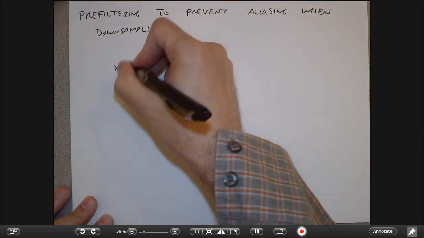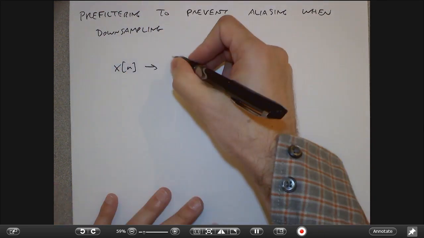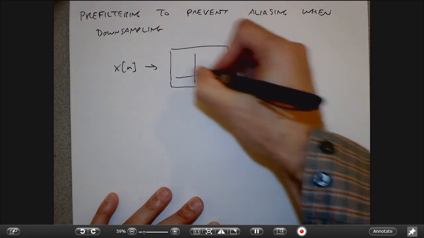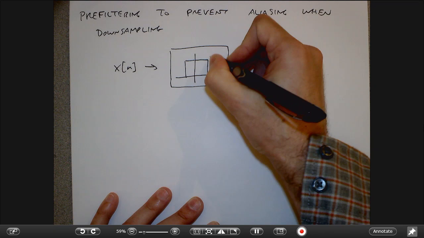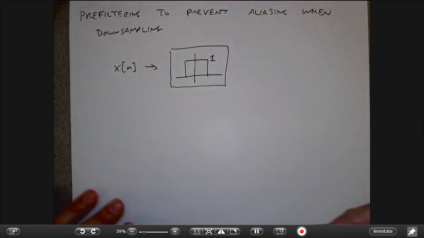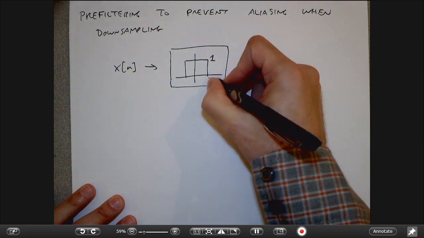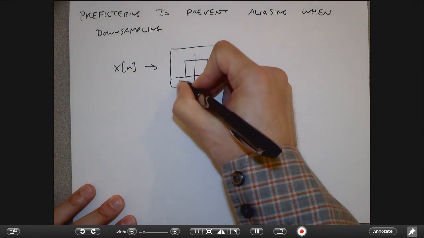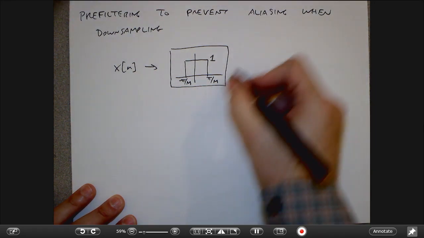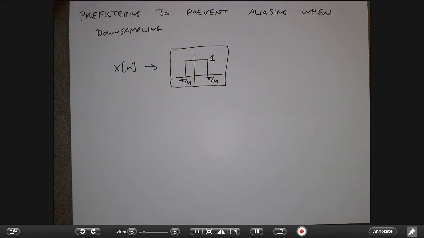What I would do is first pass this through a low-pass filter where the band edge is at pi over M. On the one hand, I will inevitably lose some high frequencies, so I'm losing information.